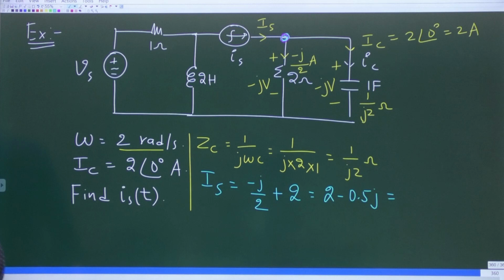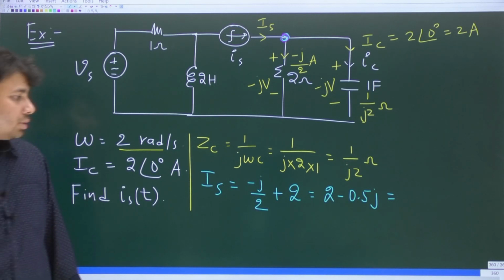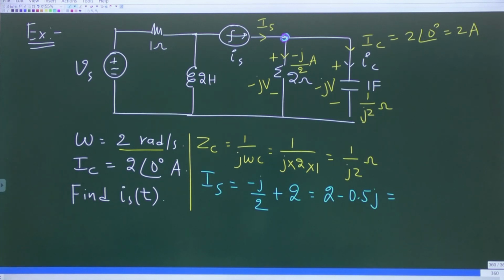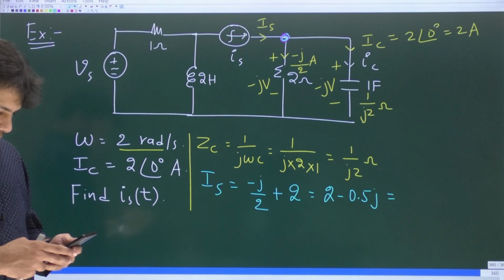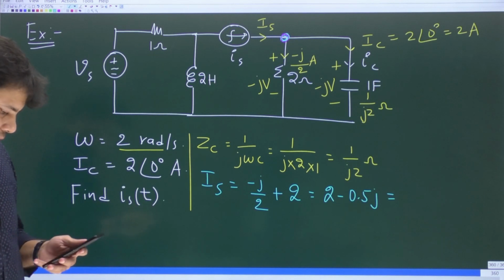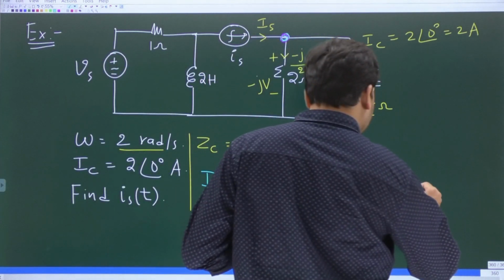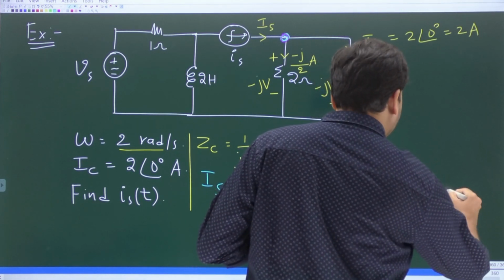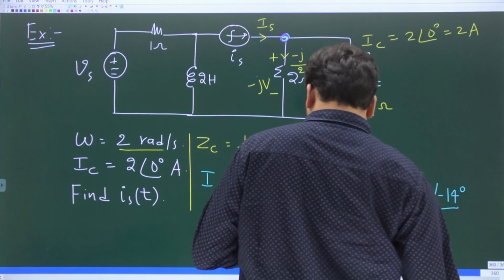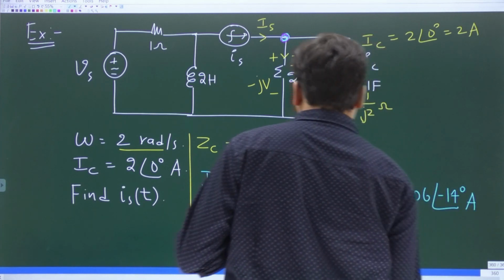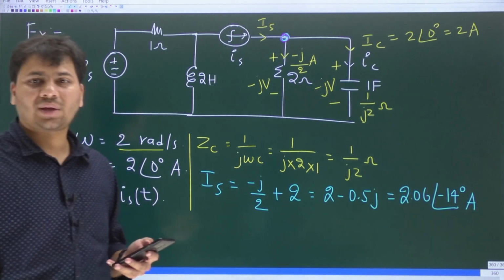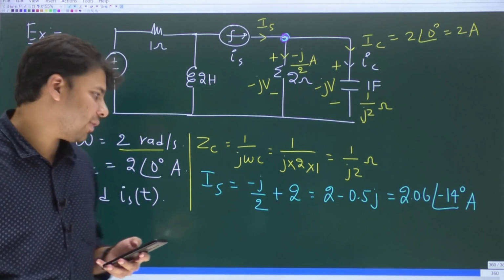Okay, so now I believe this 2 minus 0.5 j is equal to 2.06 at an angle minus 14 degrees amperes.